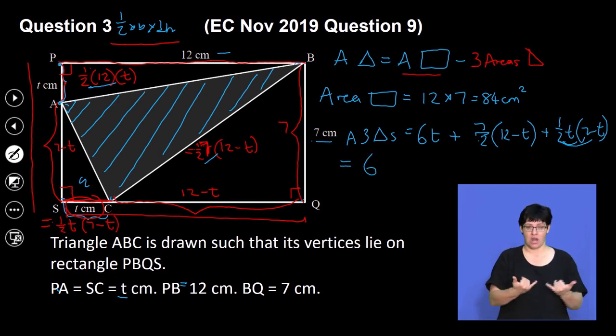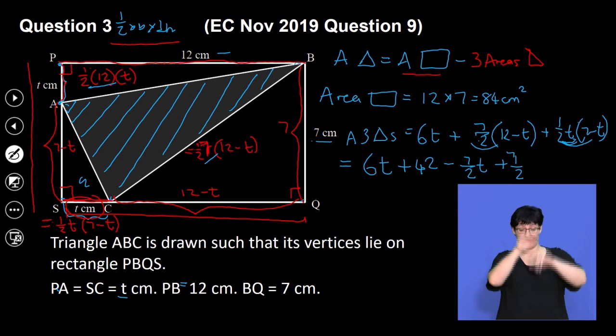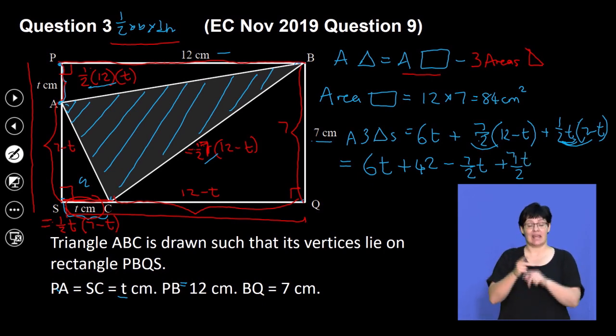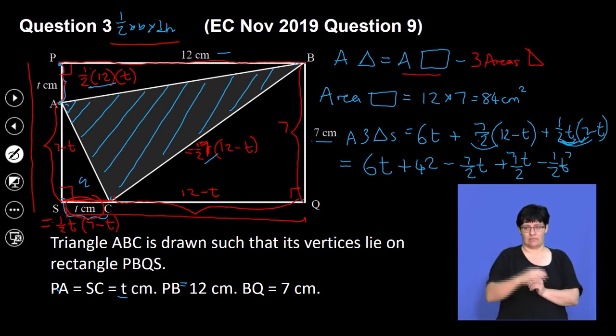So this is now 6t. We have 7 over 2 times 12, which gives us 42. And then we have minus 7 over 2 t. This over here becomes a half t into 7, so that's 7 over 2 t, and then this over here becomes minus a half t squared.